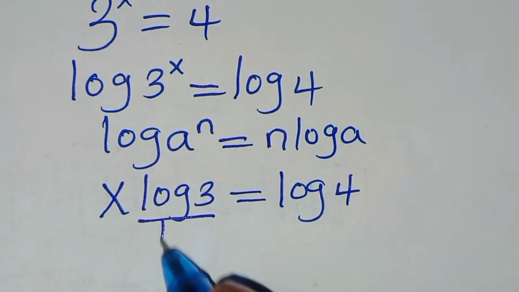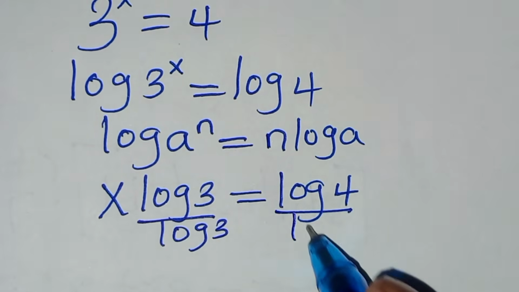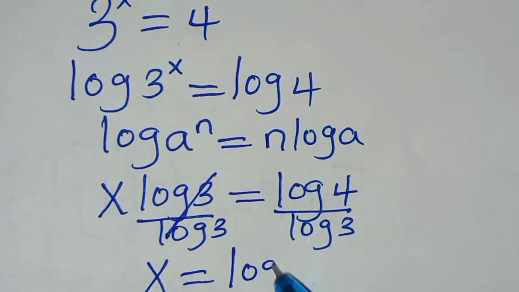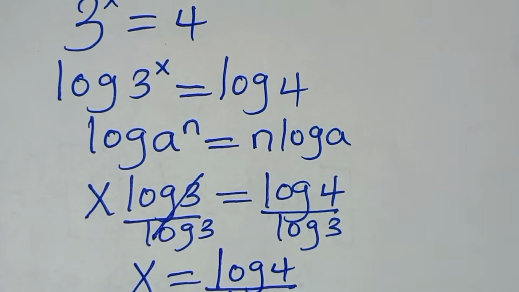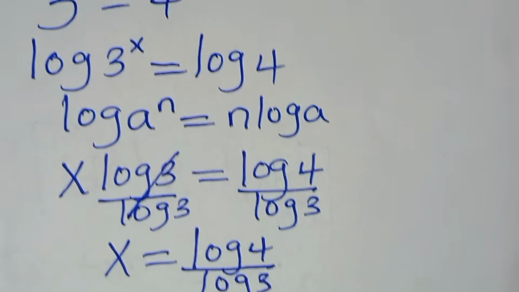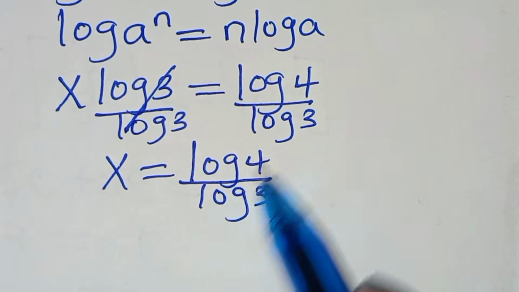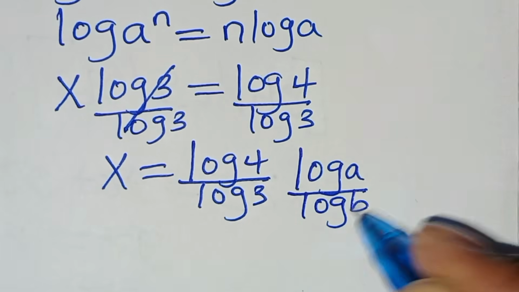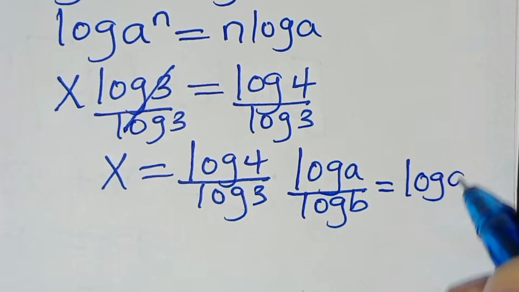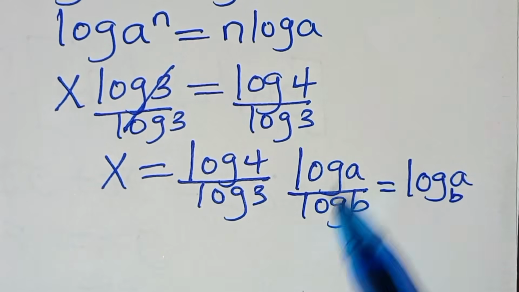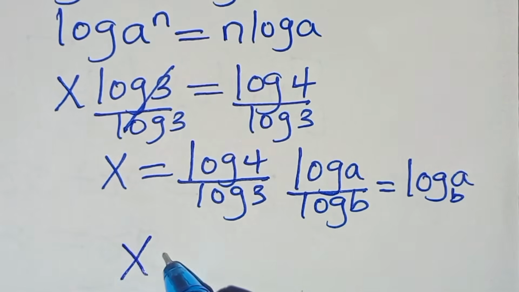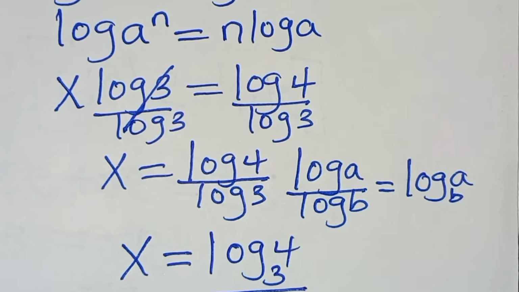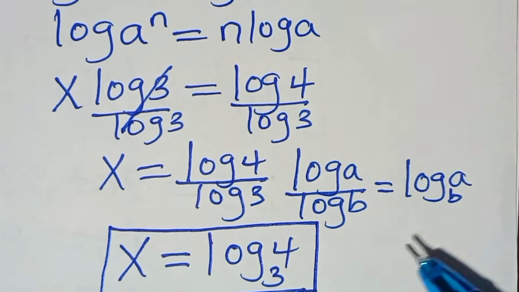So let's divide both sides by log 3, so that now x will be equal to log 4 divided by log 3. So log 4 divided by log 3 is in the form of log a divided by log b, which we can express as log a to base b. So applying this logarithm property, we'll have the value of x equal to log 4 to base 3. So this is the value of x.